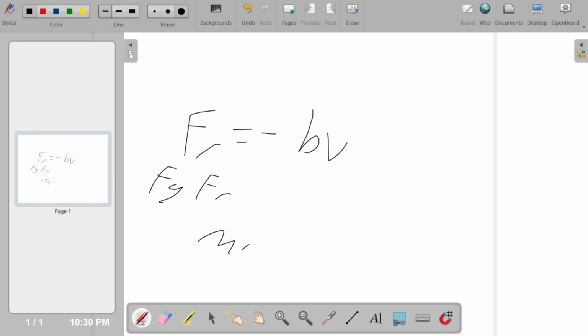So it's accelerating downwards with mg. Now, what do you think Fr is? Do you think it's positive or negative? That's right. It's also going downward since it's opposing the object's motion. So since the object is going up, that means air resistance Fr is going down. So we can represent this as plus bv. This is how much it's accelerating downwards.